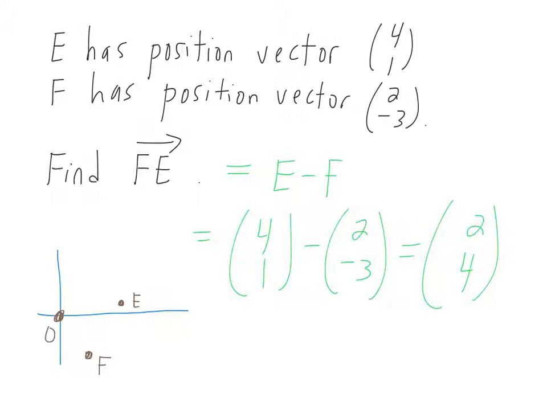So this E, having position vector 4, 1, is really this as a vector, and the F down here would look like that as a vector. What we're really looking to do here is find vector FE, the one connecting these 2 points. If you were wondering how this ties into the idea of a position vector, remember the position vector is just showing its location relative to the origin.